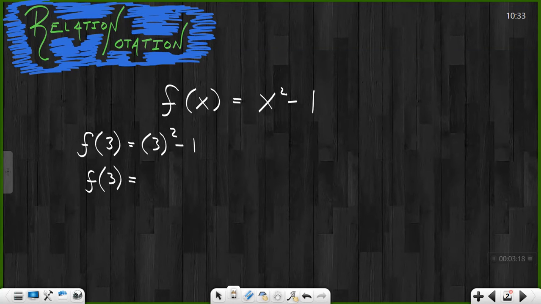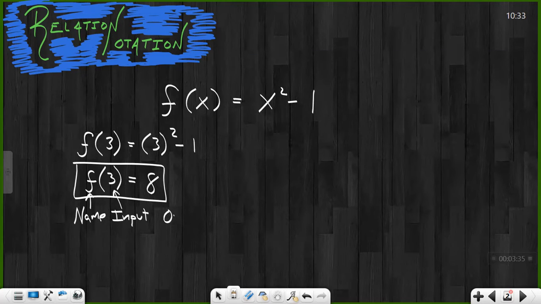So 3 squared is 9 minus 1 is 8. And I see that I have 3 parts to my statement at the end, which represents my solution or my final answer. I see the name of the relation I used. I see the input. And I see the output. Those are the 3 pieces you need when you're using relation notation.